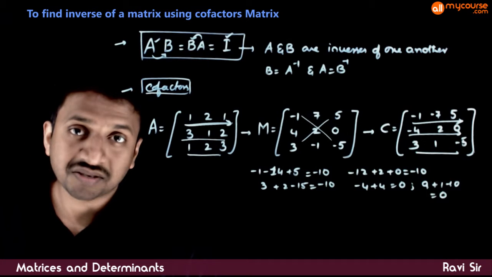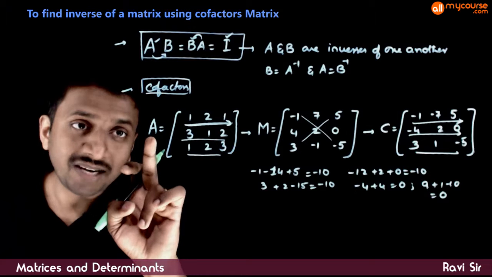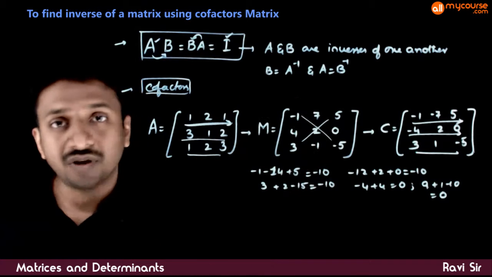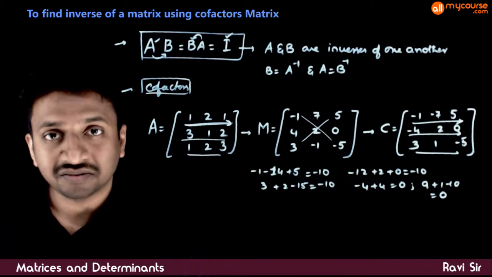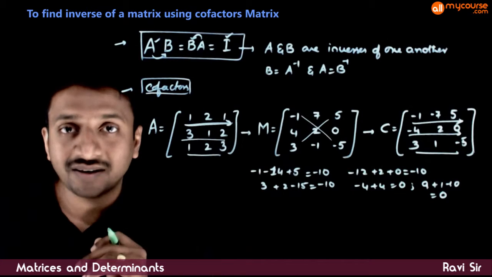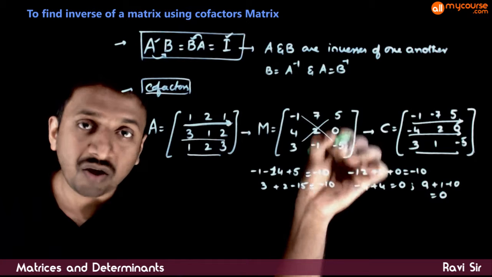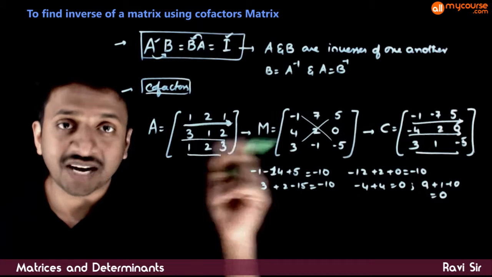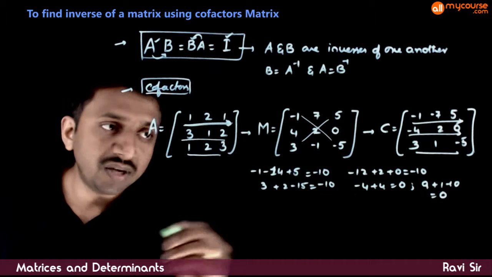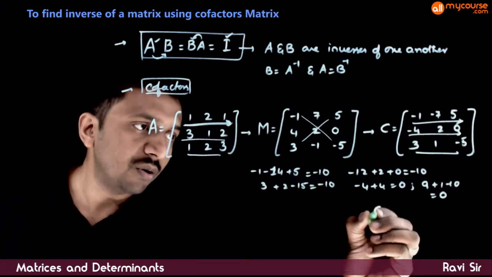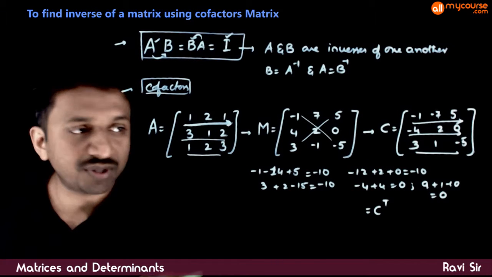Now what I do is, I try to multiply A with the transpose of the cofactors matrix. Usually when you multiply two matrices, you multiply a row of the first matrix with the corresponding column of the second matrix. So I'll now consider the cofactors matrix transpose.